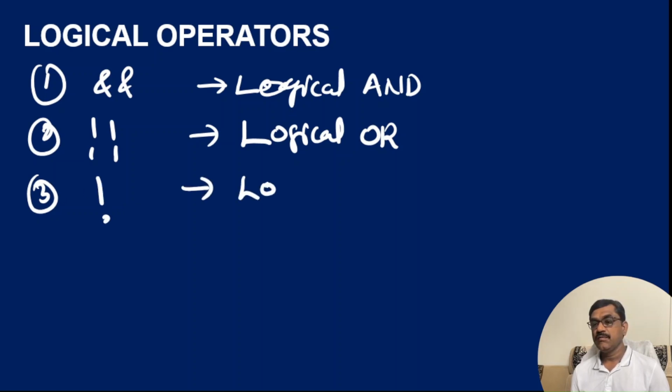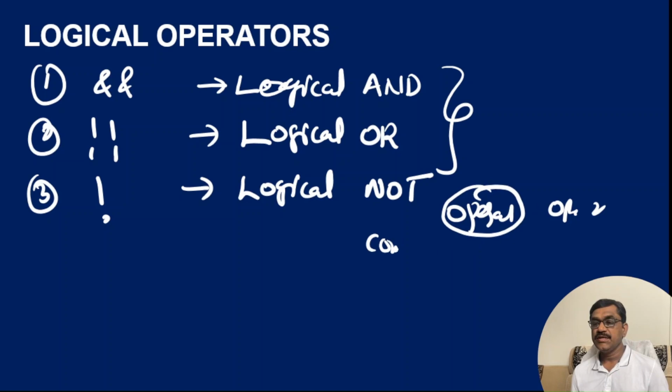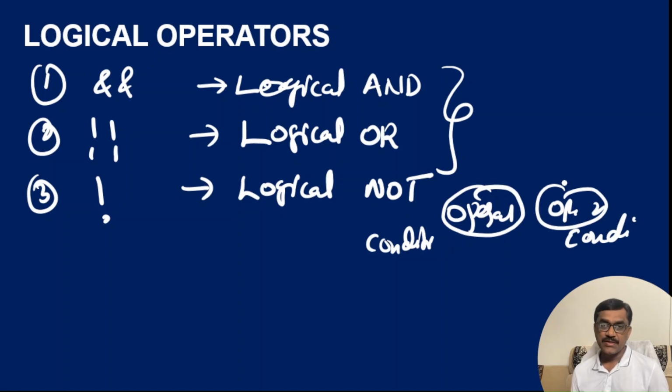So we read it as logical NOT. They are the three logical operators. Now for these three logical operators, we are taking again operand 1, operand 2. But operand 1 is one condition and operand 2 is another condition. Instead of taking simple operands, we are taking conditions in place of operands.